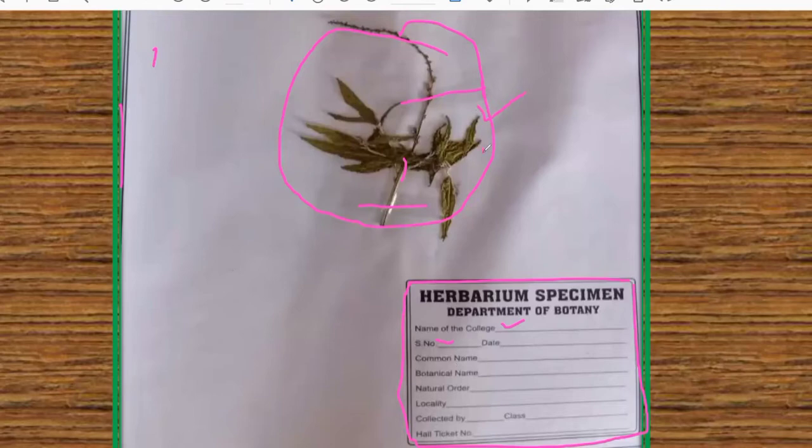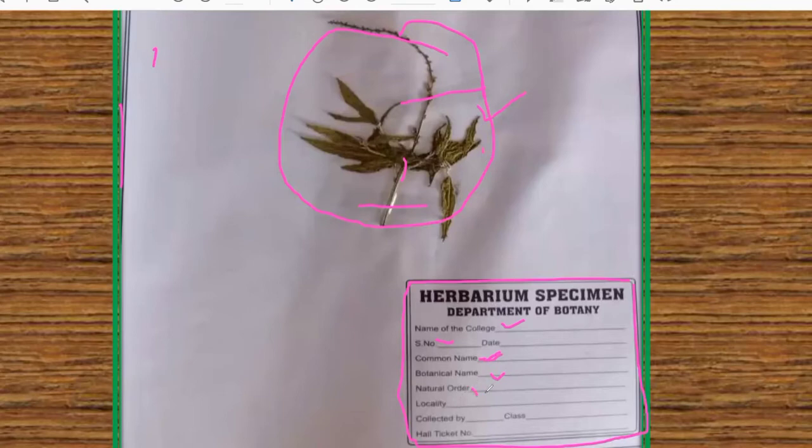For example, here the plant is Croton bonplandianum, Galivana Mokka in Telugu. Croton bonplandianum is the botanical name, and Galivana Mokka in Telugu is the common name.